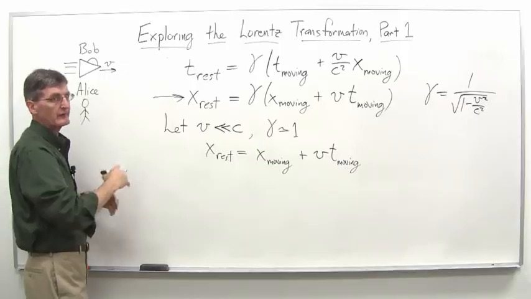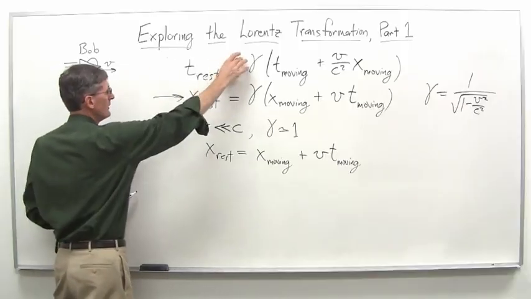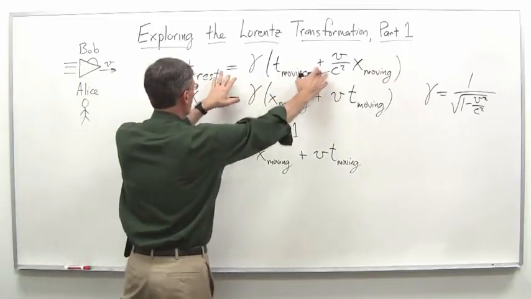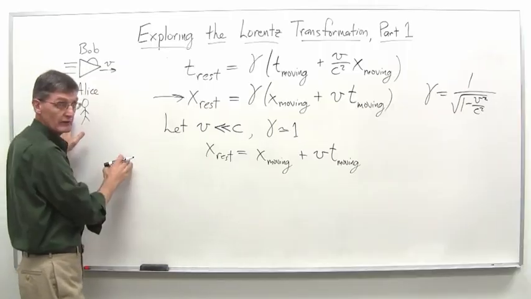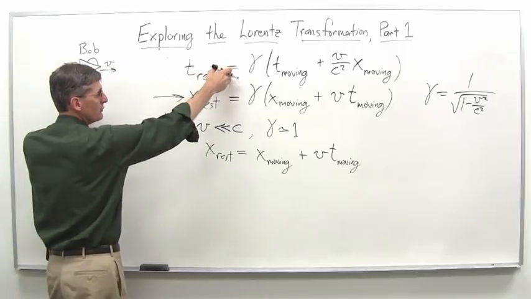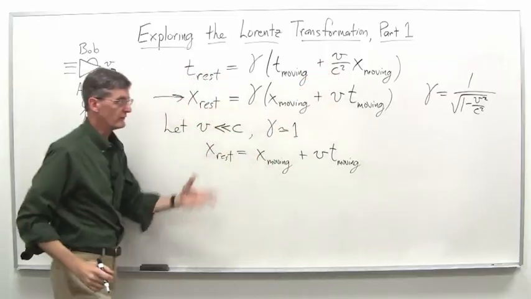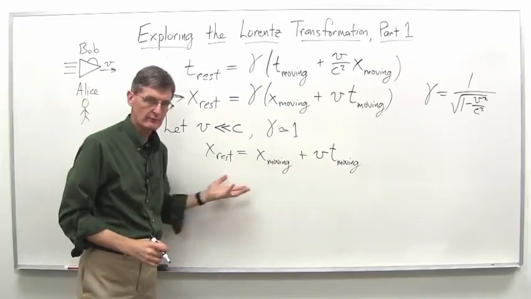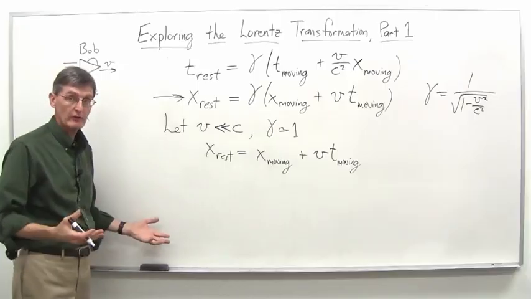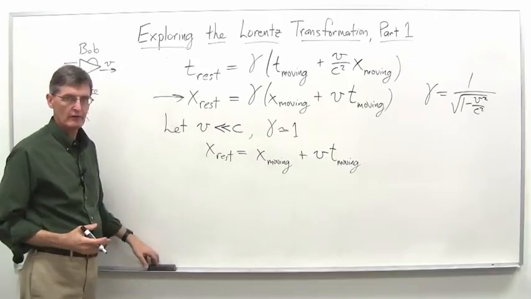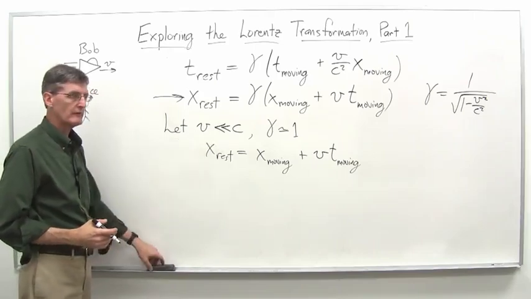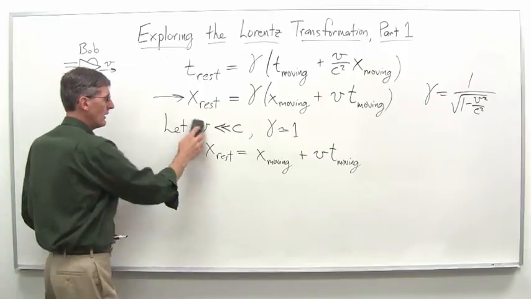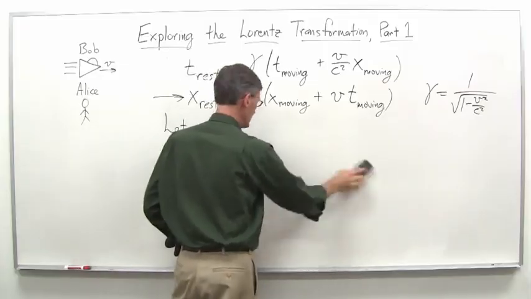And so if he measures something, again, say at 23 out here on his lattice of clocks, his measuring system, but he's also moved a certain amount, then the distance to Alice, the x in the rest frame, is the amount Bob has moved plus the amount he measures out to 0.23 on his measuring system. So that's a basic Galilean transformation there. That checks as well, because we know that works in our everyday experience when velocities are much less than the speed of light.